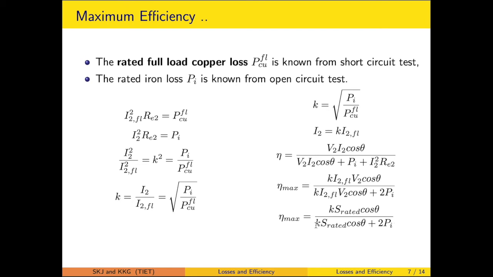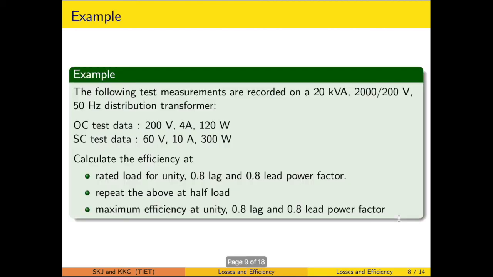So the maximum efficiency is not dependent on the loading level, it depends only on the power factor, because this K is decided by the square root of Pi upon PCUFL, and the rated value is fixed. But there is no linear relationship as such, because the cosine theta appears in both the numerator and the denominator.